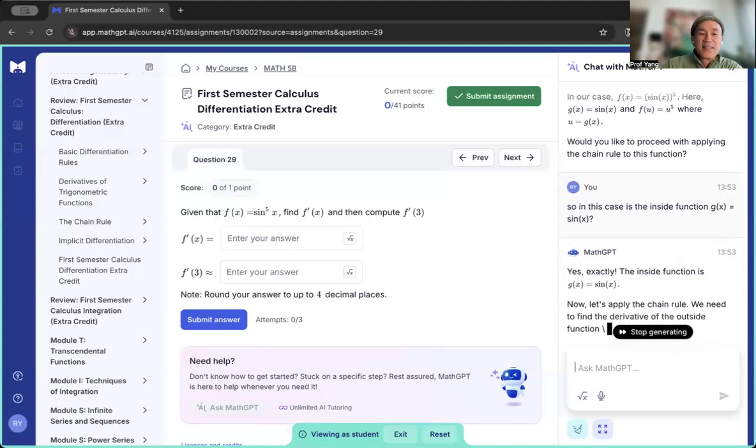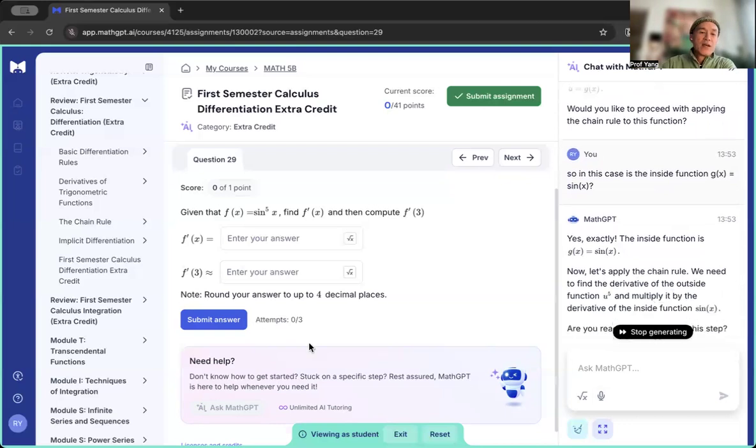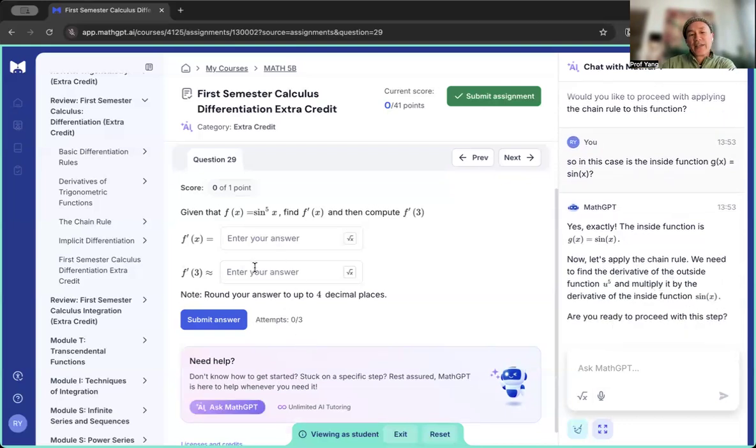And I guess the nice thing is that you could try to guess your answers and put them in, but if you only have one more attempt remaining, you could just straight up ask it if this is the correct answer. So I could say, is 5 times sine x raised to the fourth power times cosine x correct?